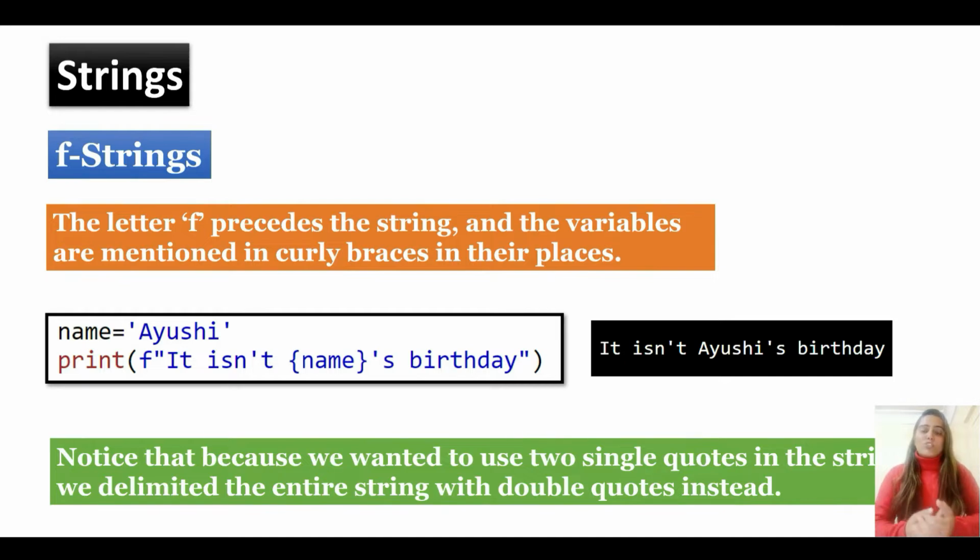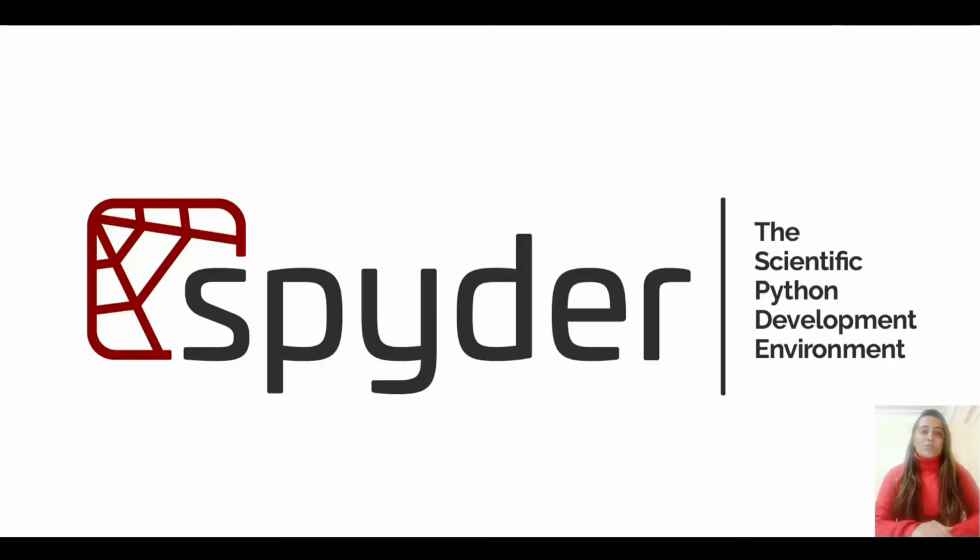Notice that because we wanted to use single quotes in this string, that is for isn't and for Ayushi's, these single quotes have to be used. So we delimited this entire string using double quotes. So let's use the comma and f string formatters in our Spyder IDE and see.